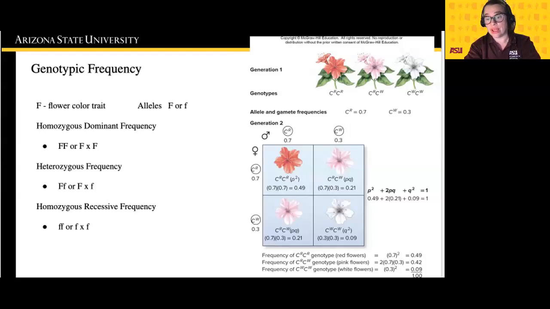Finally, we have to multiply the 0.3 from the white times itself to give us the frequency of the white, which is 0.09. When we sum 0.49, 0.42, and 0.09, we get a total of 1, which supports the Hardy-Weinberg equation.